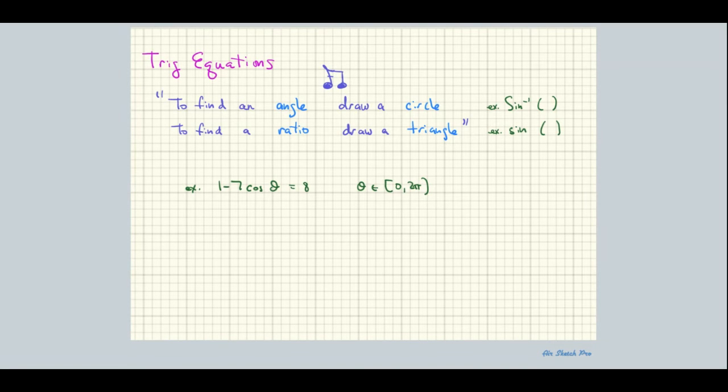Okay? So guys, what are we trying to solve for? Am I trying to solve for an angle? Yeah.